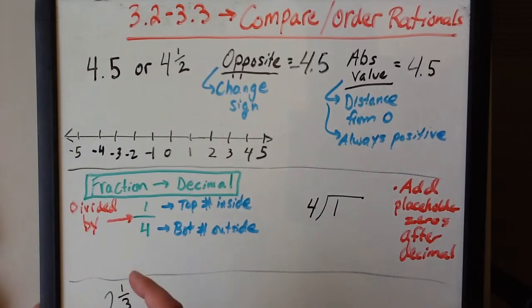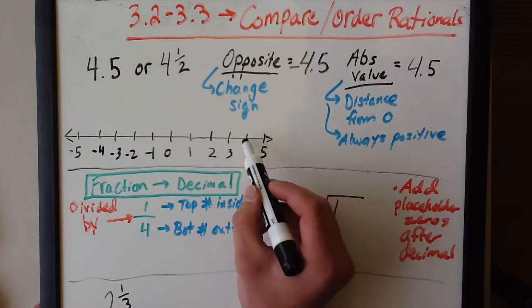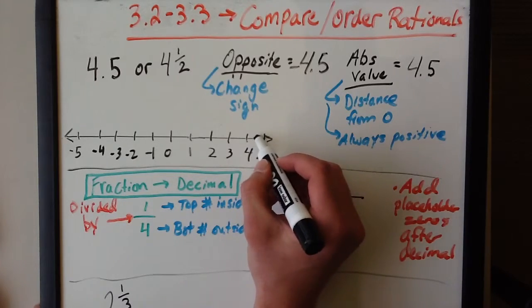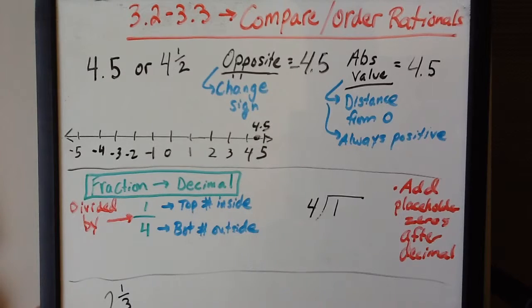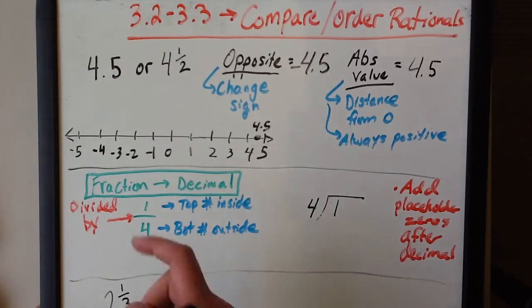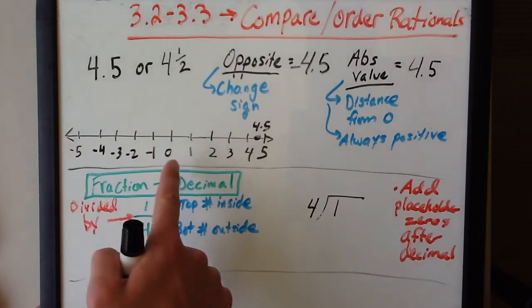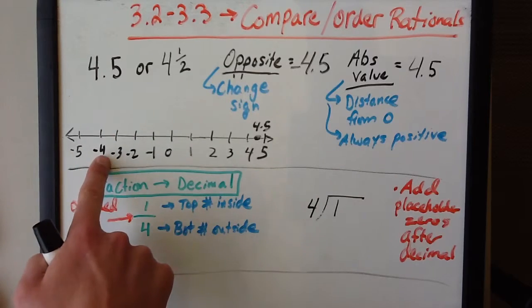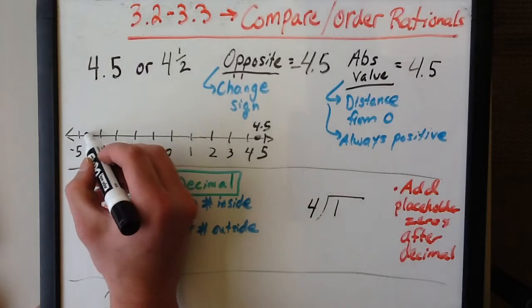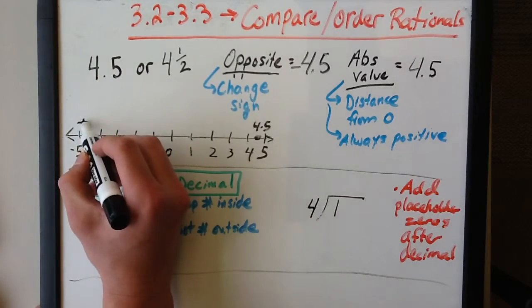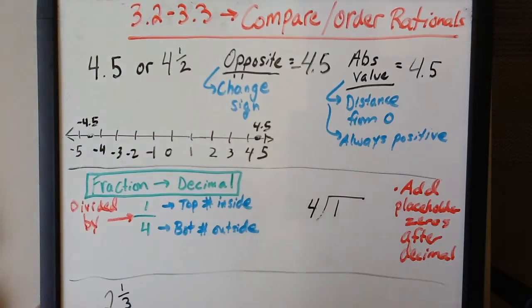Okay, so 4.5 would be halfway between 4 and 5, so right there, that's 4.5. And let's also graph the opposite of 4.5. So I go to the left of 0, that's my negatives, and negative 4.5 would be halfway between negative 4 and negative 5. So right there would be negative 4.5.